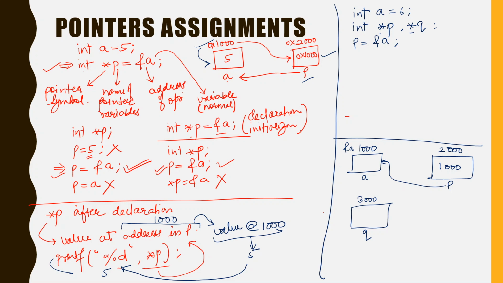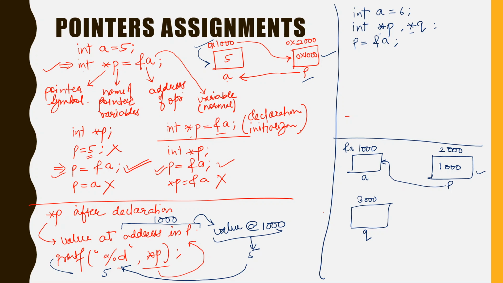A pointer is nothing but a banner, like a banner placed on a gate saying I am pointing towards a particular address. One pointer can point to one address at a time. So p starts pointing to a.